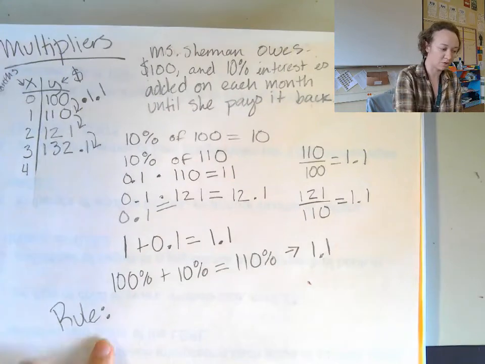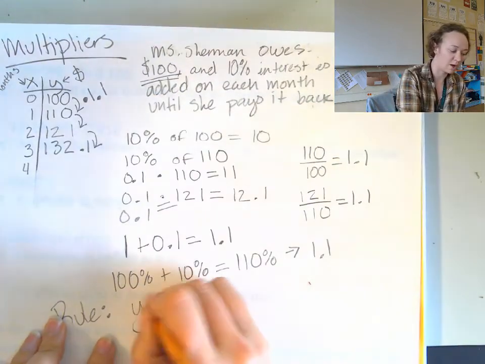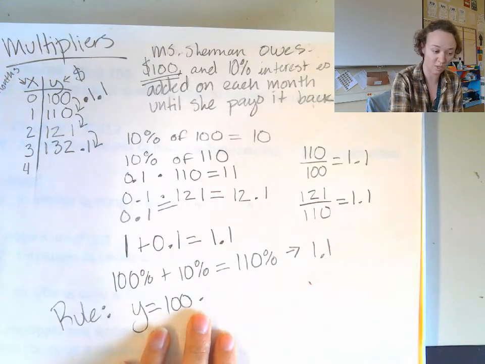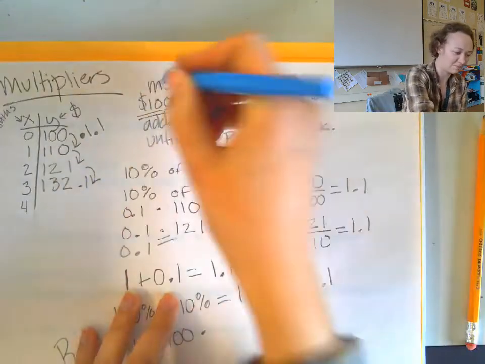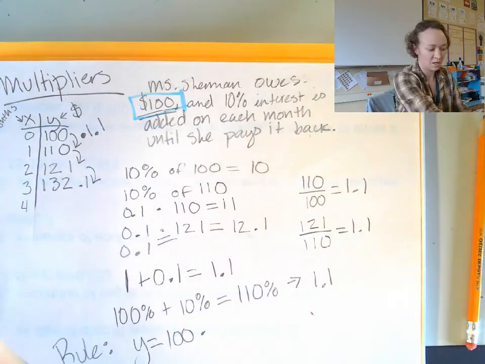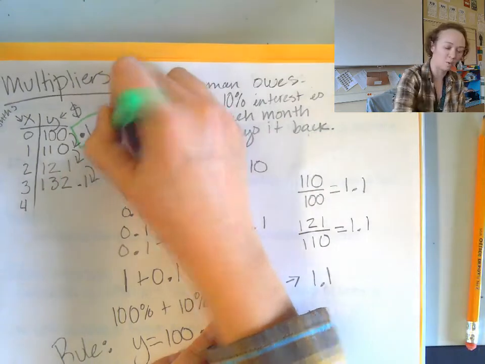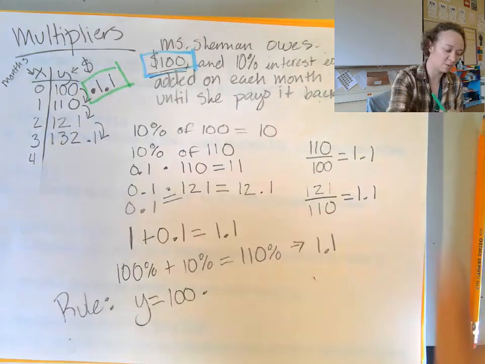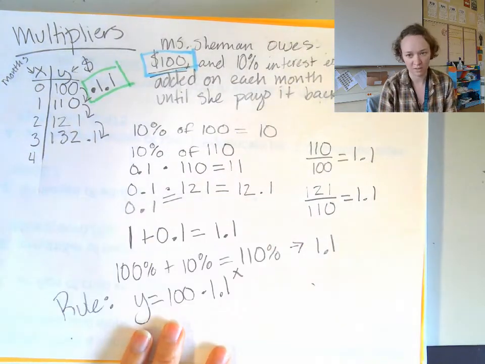Our starting value is that initial amount that I owed. So y equals 100 times, and then this multiplier we came up with. Shall I color code this too? I love color coding. $100 is my initial value, and my multiplier is that 1.1 that we came up with. So 100 times 1.1 to the power of x.